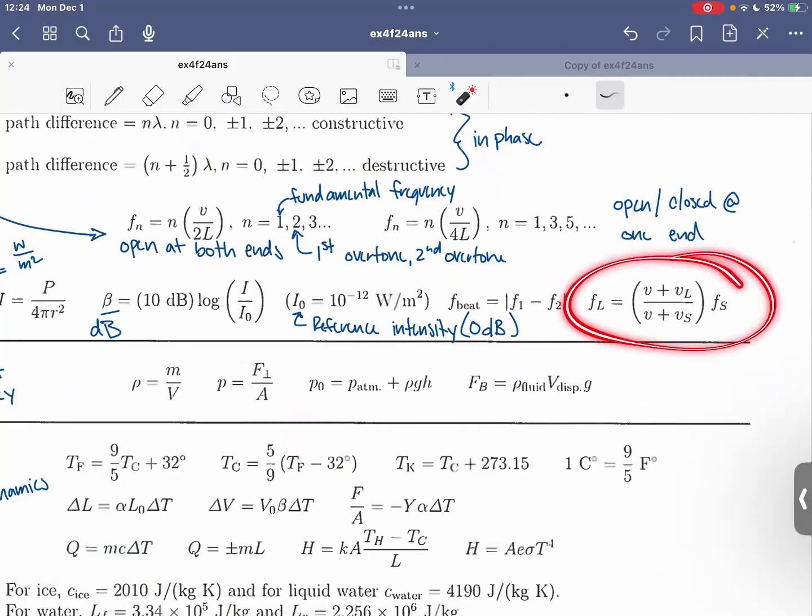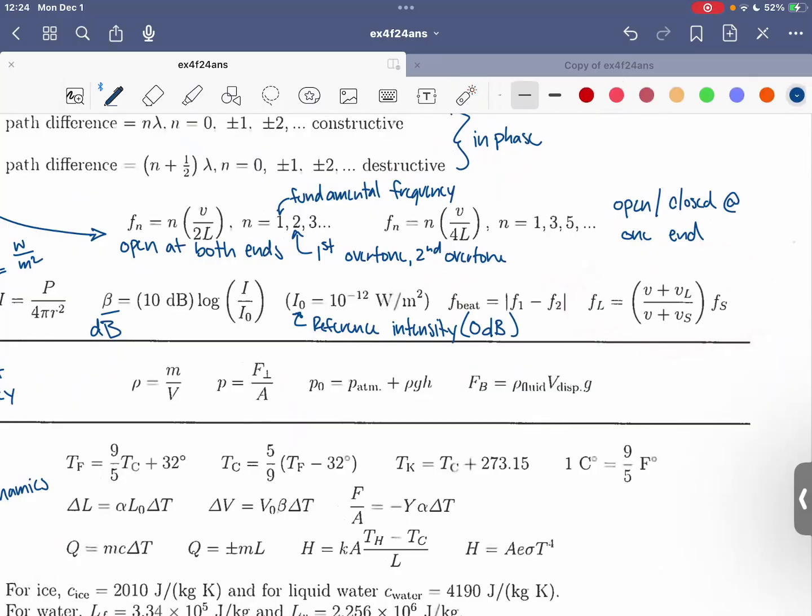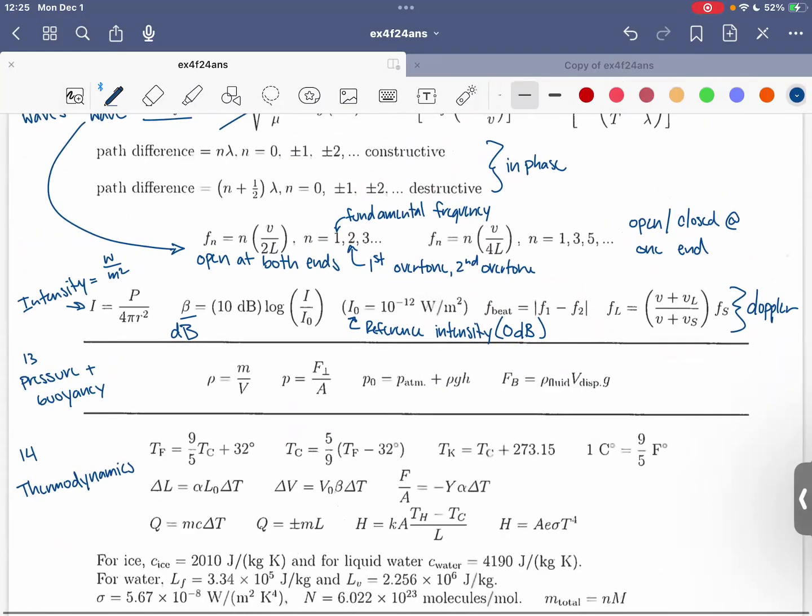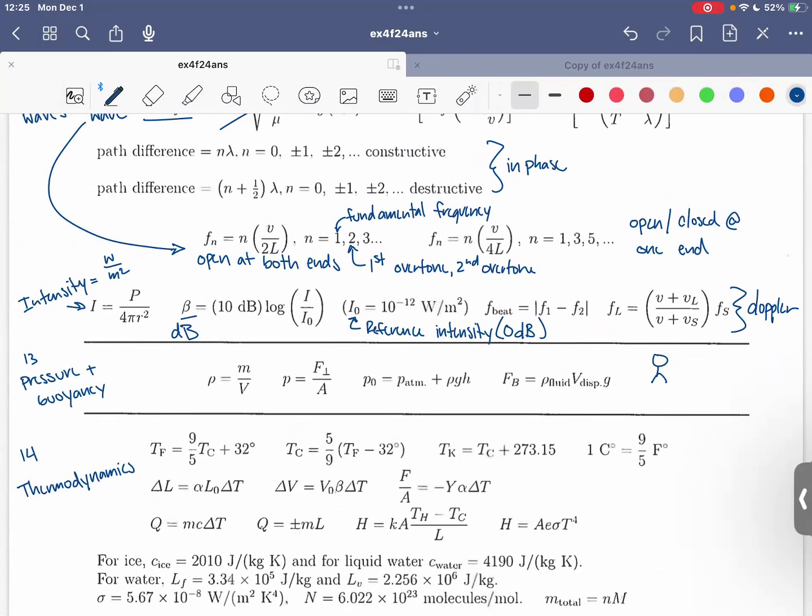But we also have here, this one's important. This one is Doppler. And if you remember, this is if you have the person and you have the train, and if they're moving towards each other, your frequency increases.